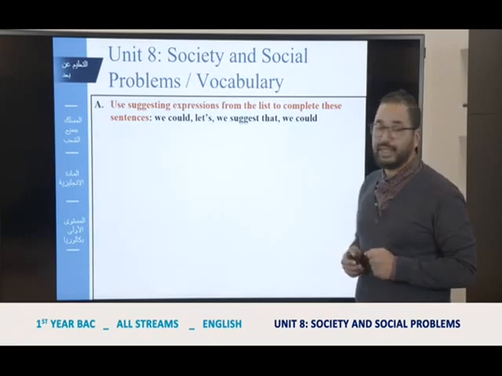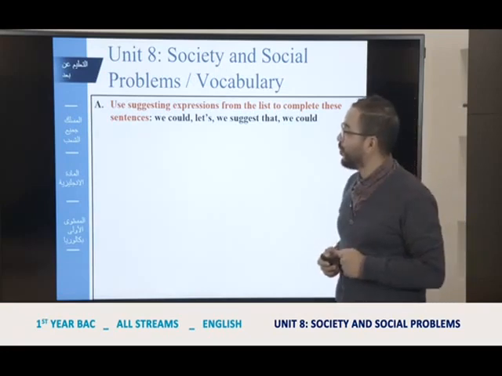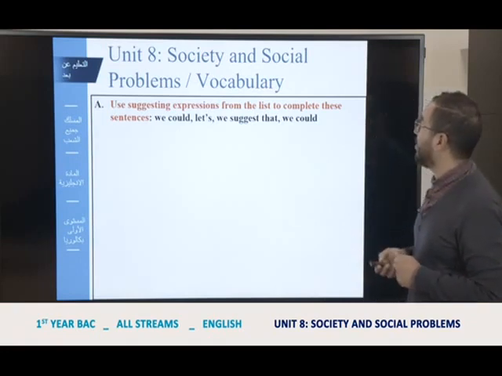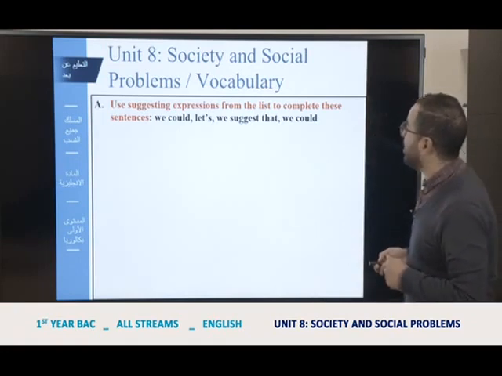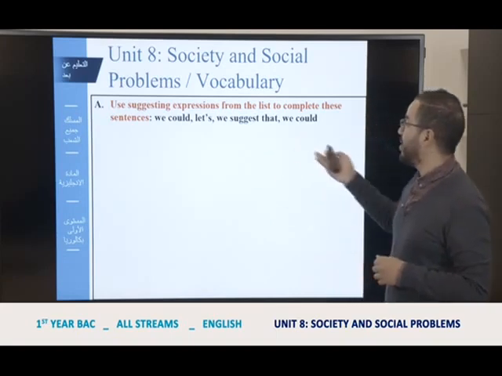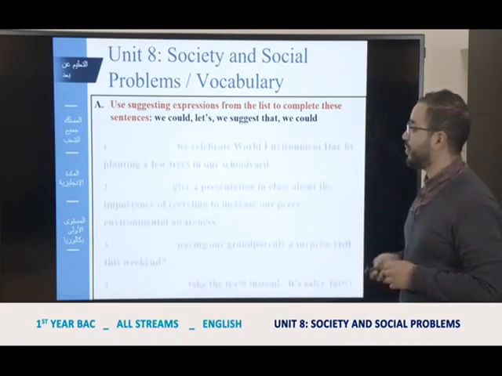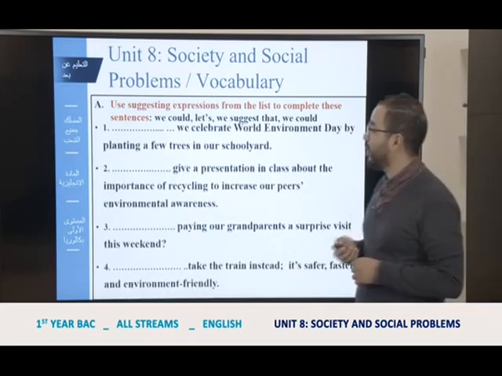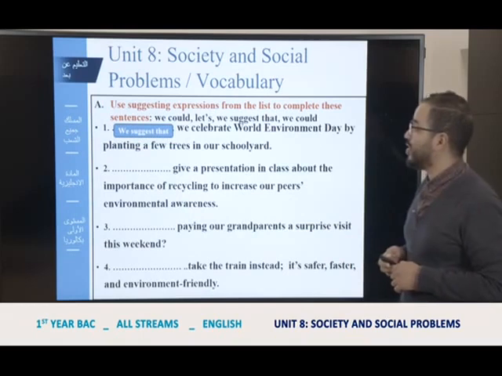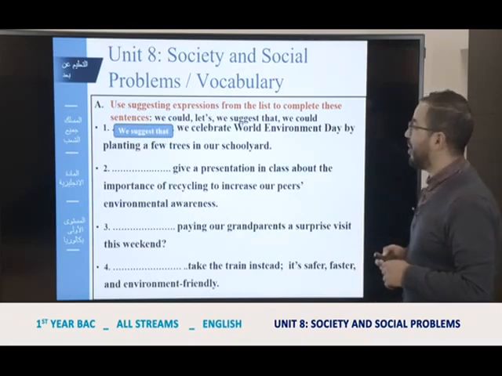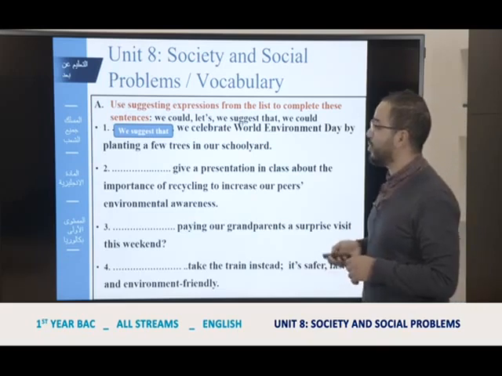We have an exercise here. Use suggestion expressions from the list to complete these sentences. We have we could, let's, we suggest that, and we could. And we have these situations. For example, the first one we can use, we suggest that we celebrate World Environment Day by planting a few trees in our schoolyard.